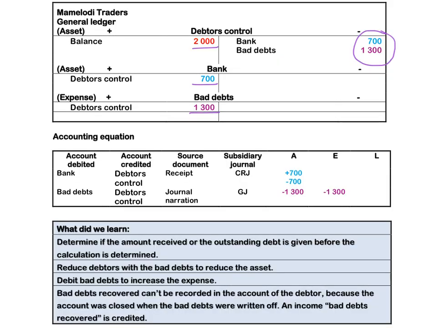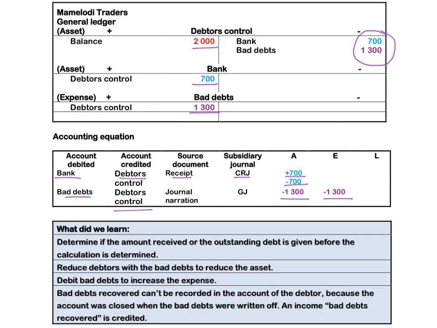The bank increases assets on the debit side with 700, and debtors control decreases assets on the credit side with 700. We will issue a receipt and record the money received in the cash receipts journal. Bad debts is an expense that will decrease the profits with 1,300. Debtors control is credited to decrease the assets with 1,300.